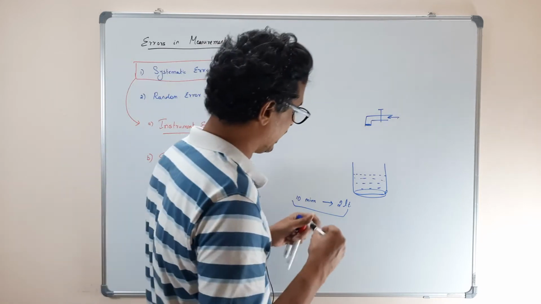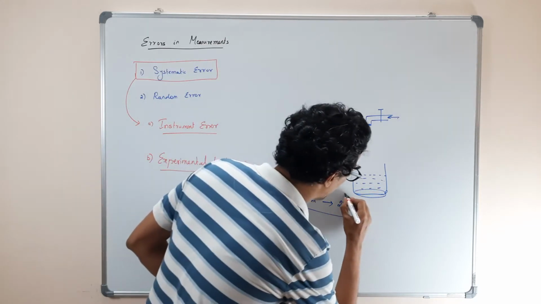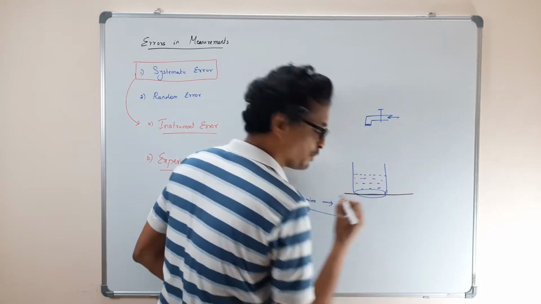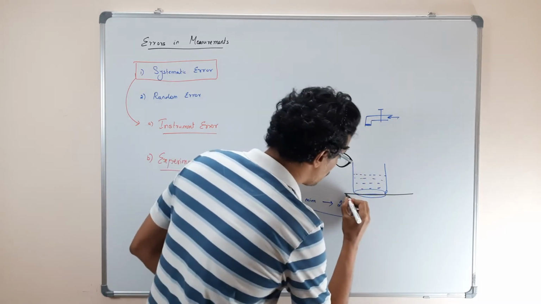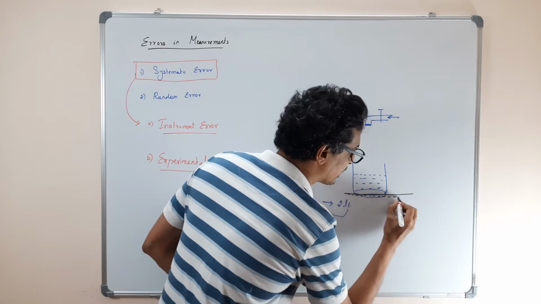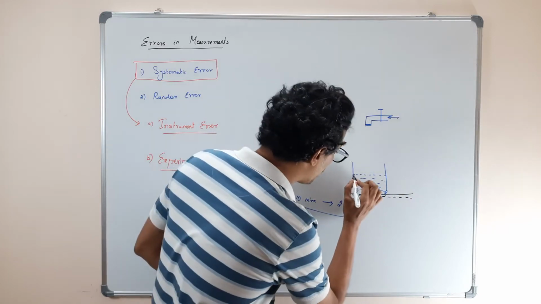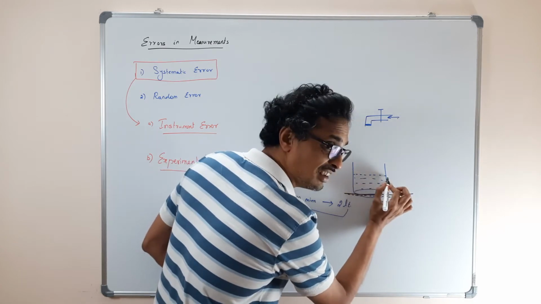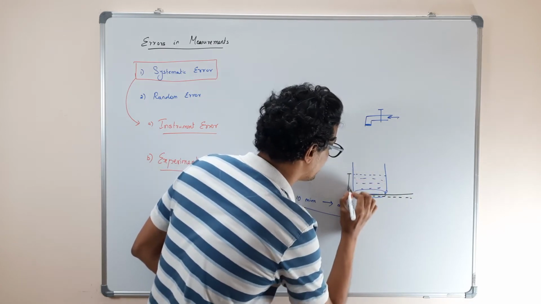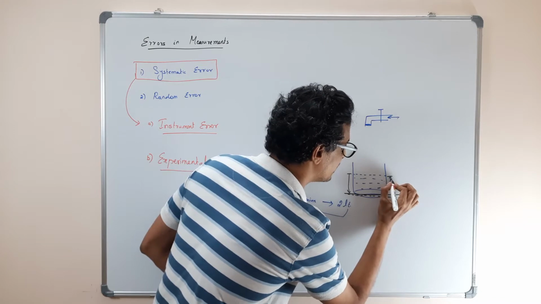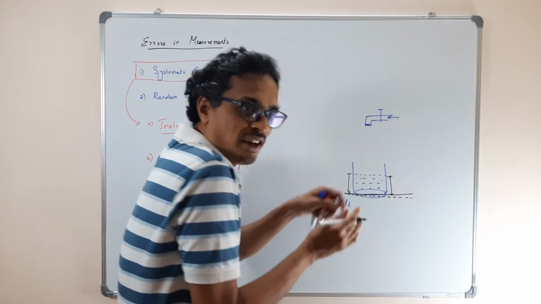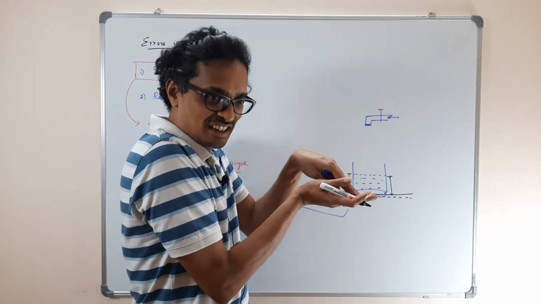For example, this is supposed to be exactly horizontal. Suppose you have a very mild tilt, which is not horizontal, then what happens? The water level is not going to be horizontal. If you measure the height here as well as the height here, they are going to be different because your water level is tilted.